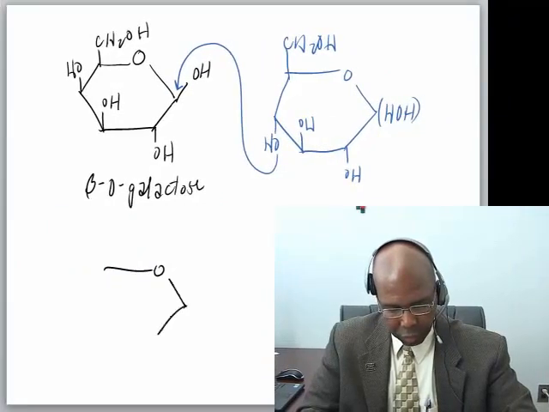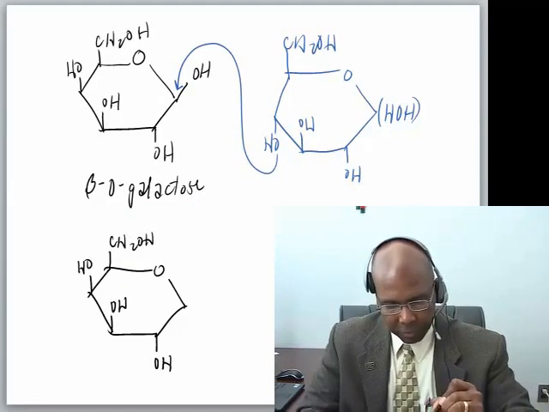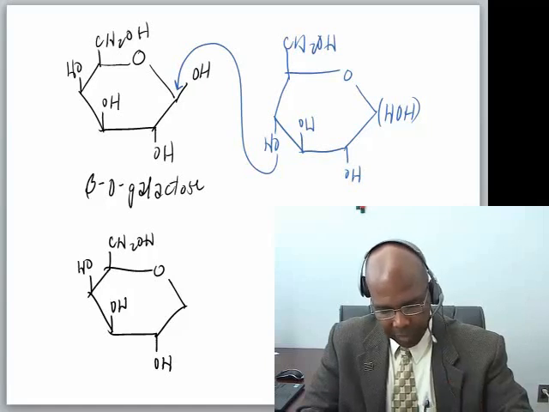1, 2, 3, 4, 5, 6. Up, up, down. And so this bond is going to go up here, and there's going to be our O, and then it's going to attach to the glucose from the bottom.